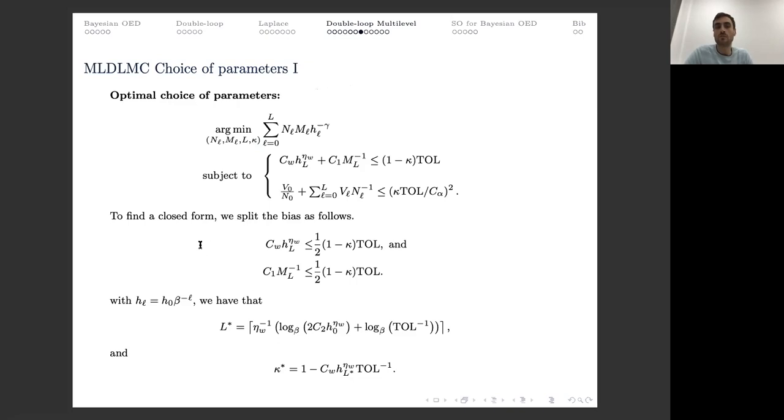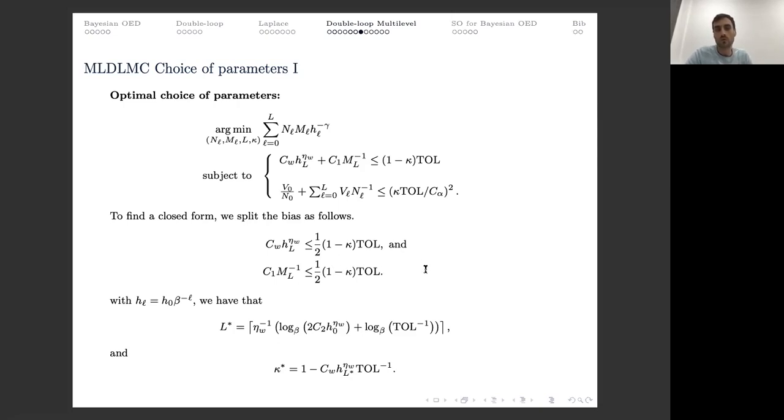We said, okay, let's split the bias into components, and let's put half of it for each part of the tolerance. That's why we have 1/2 here.